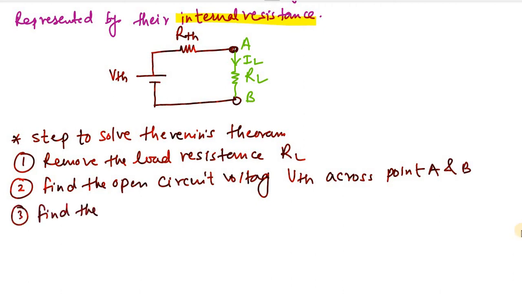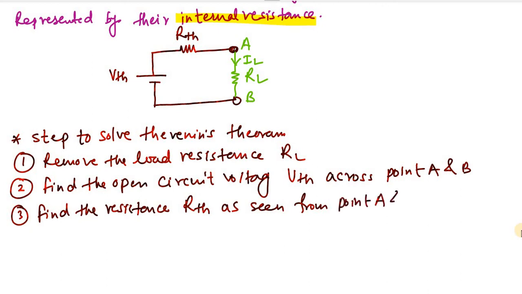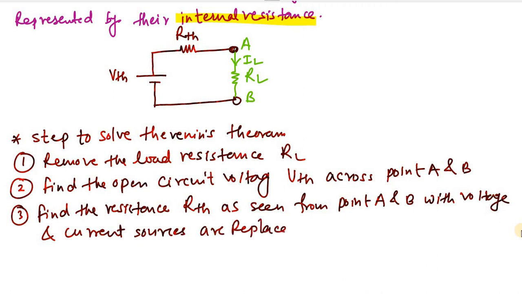Third, find the resistance RTH, Thevenin's resistance, as seen from points A and B, with voltage and current sources replaced by internal resistance.